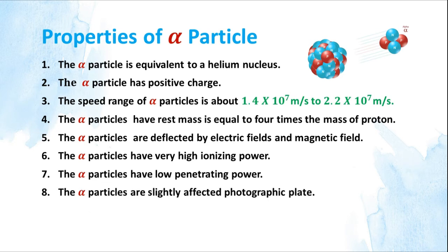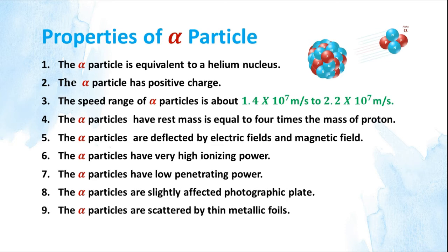The next one is that the alpha particles slightly affect photographic plates. The photographic plate means in earlier days we used photography in the form of negatives, so in that photographic plate it causes some effects.